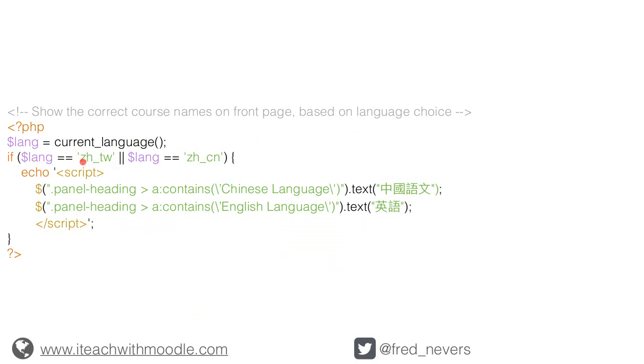In this particular case, if the language is Chinese Taiwan, traditional Chinese or simplified Chinese, then it needs to replace some of the text which in English says Chinese language with the Chinese equivalent, and here the string which says English language with the Chinese equivalent. As I said, this is not for the faint of heart, and it really is for data that doesn't change.